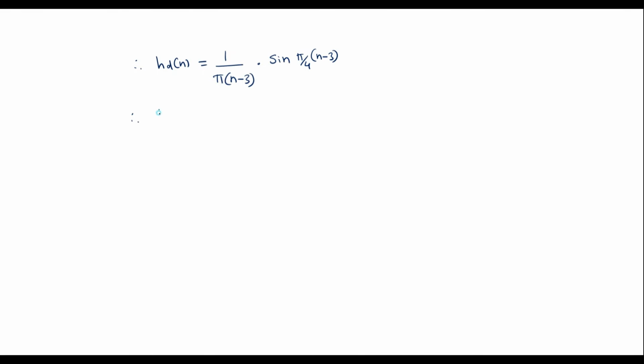So therefore I can write hd of n is equal to sine pi by 4 of n minus 3 divided by pi of n minus 3.